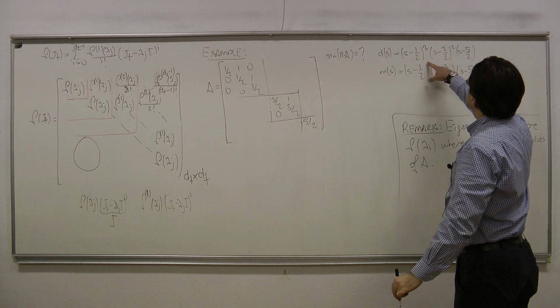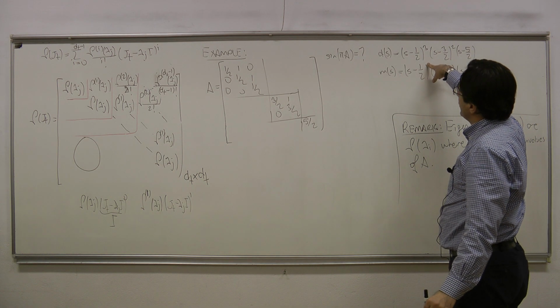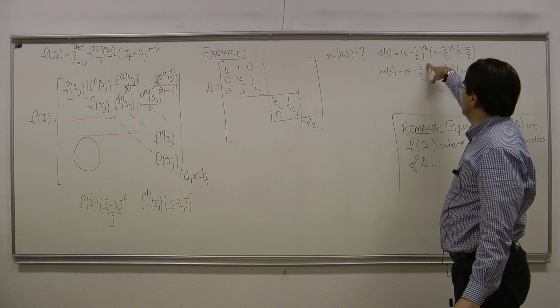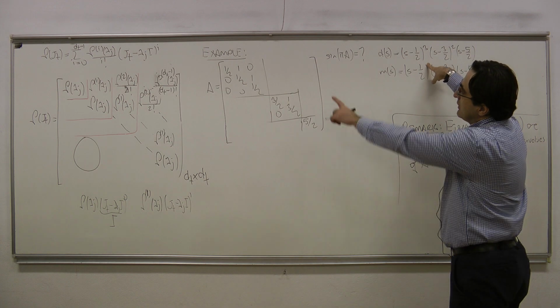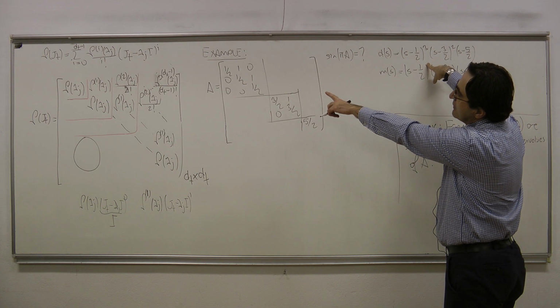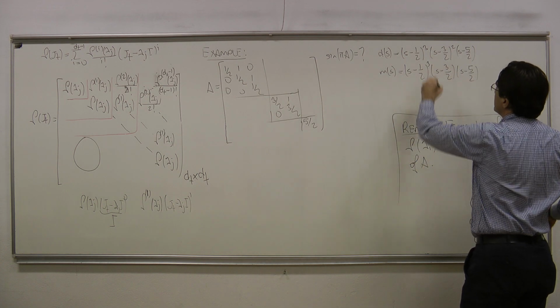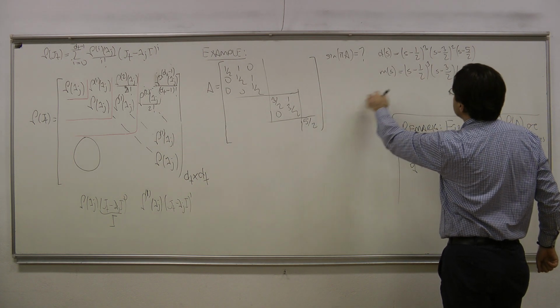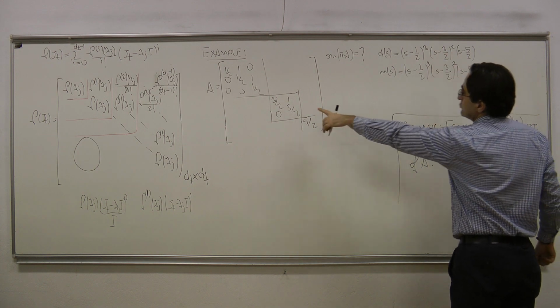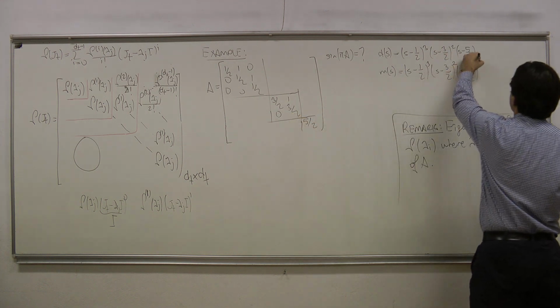What about the powers here? This power is going to be the size of the largest Jordan block for eigenvalue 1 over 2, which is 3. And the size of the largest Jordan block for eigenvalue 3 over 2 would be 2, a 2 by 2 block here, and this size would be 1.